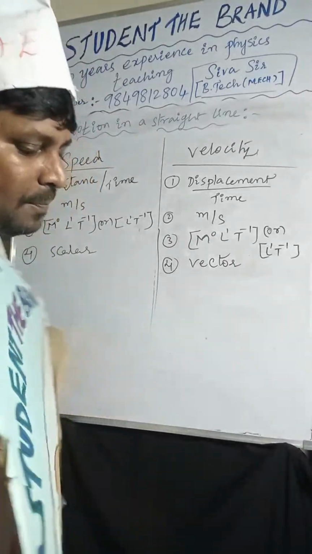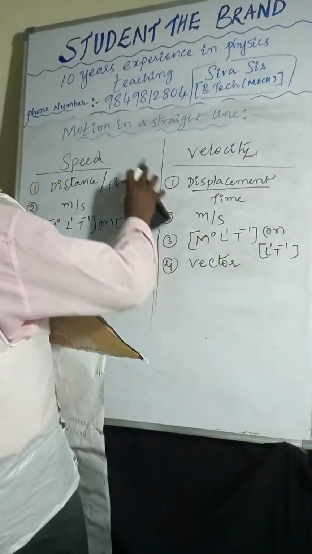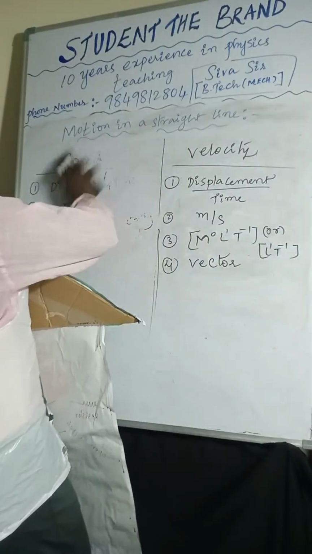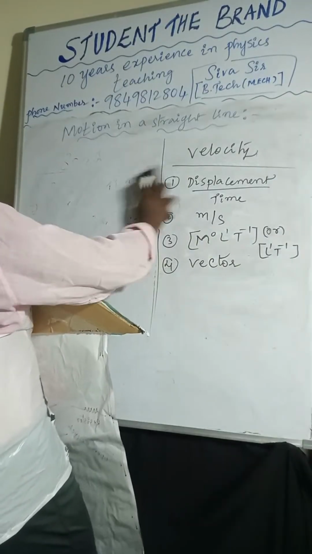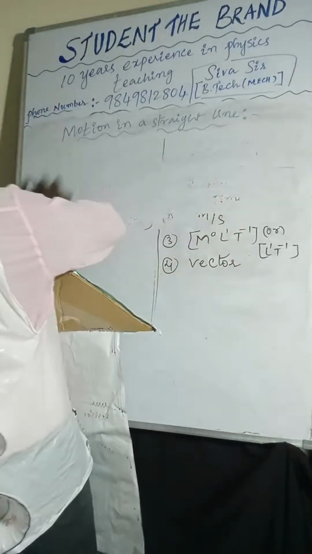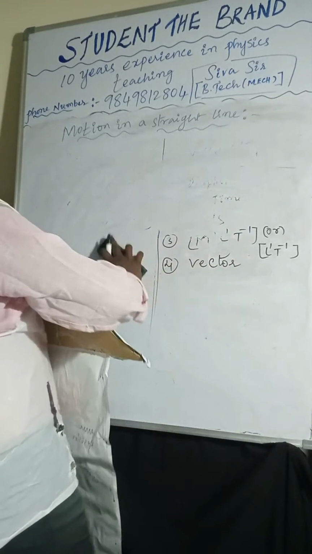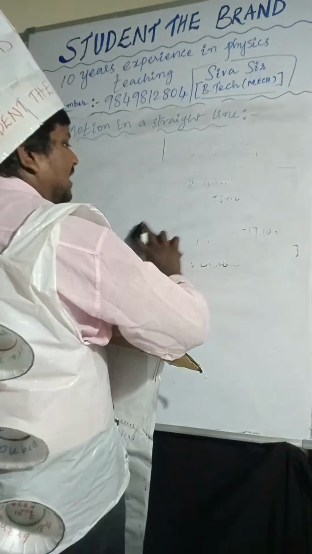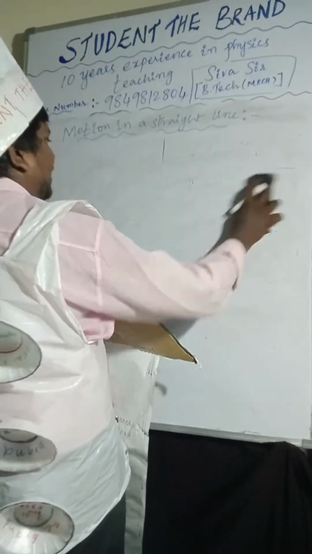Coming to the next one. Actually here uniform speed is there: equal distance covered in equal intervals of time. Non-uniform speed is there: unequal distance covered in equal intervals of time, or equal distance covered in unequal intervals of time. Average speed is total distance by total time taken.